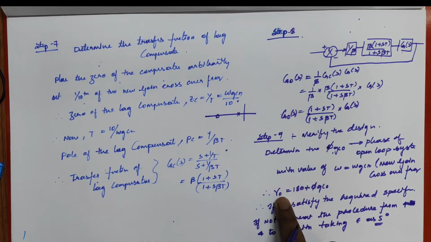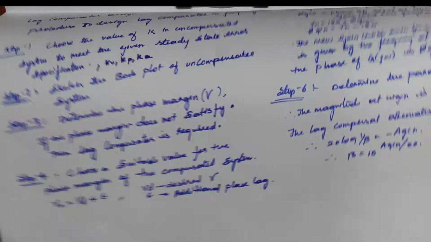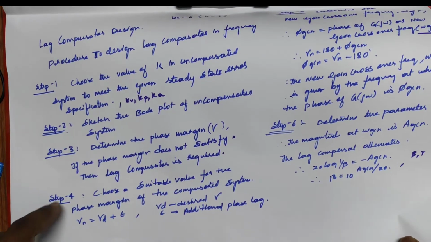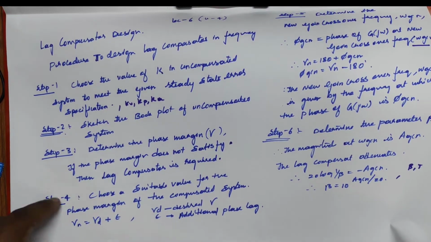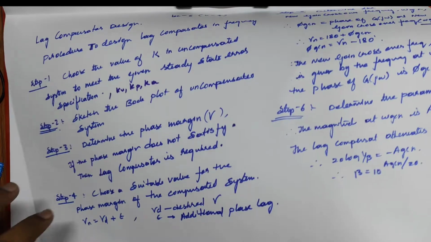If it satisfies the desired specification, that is the phase margin, we'll stop the design process. If it does not satisfy, we process again from the fourth step. This is about the procedure of the lag compensator.